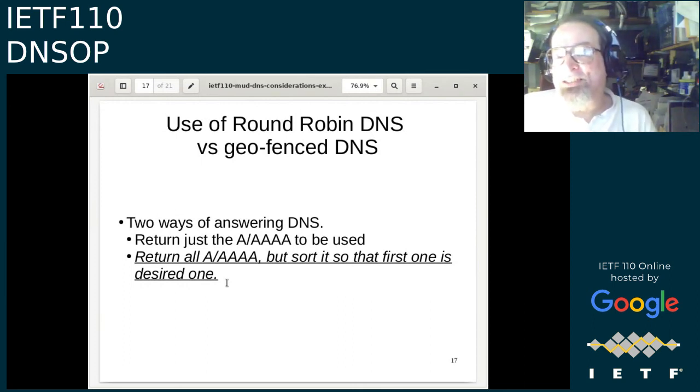The issue is that I think in many cases there are more A and quad A records than are returned. And I think that in the geofence space, of course, you don't get all of the names for all of the world. But the hope is that if you can use the right DNS cache, and you can convince all the devices to use the same DNS cache as the MUD controller, then you may get a consistent answer back, and life will be good.